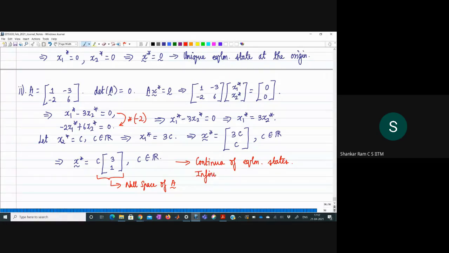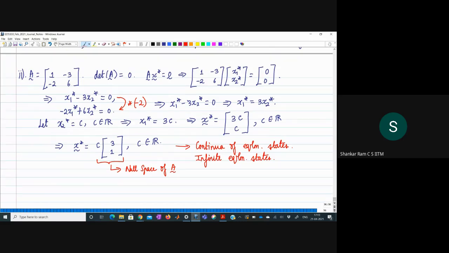So there is an infinite set of equilibrium states, but that's a continuum also. Why is it a continuum? Because it's a continuous set, right? Because c is a continuous set of real valued numbers, so it goes from minus infinity to plus infinity in a continuous range. So we get infinite equilibrium states, and this set of equilibrium states is a continuum of equilibrium states, right? So I hope the terminology is clear now.